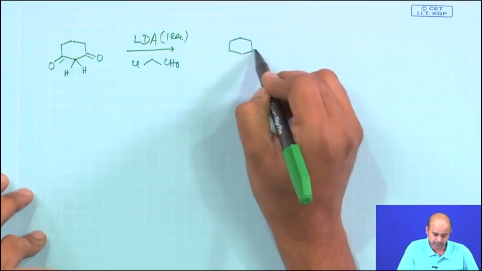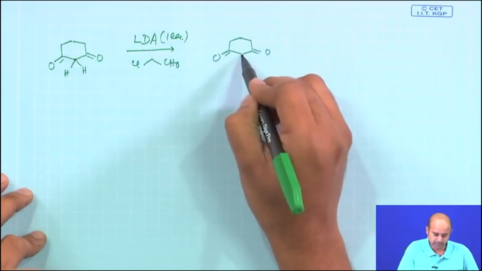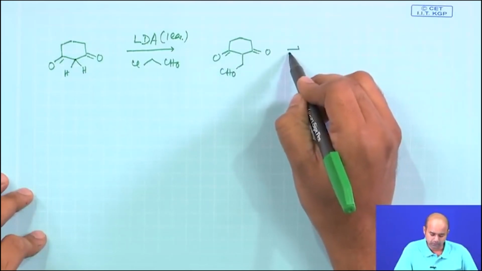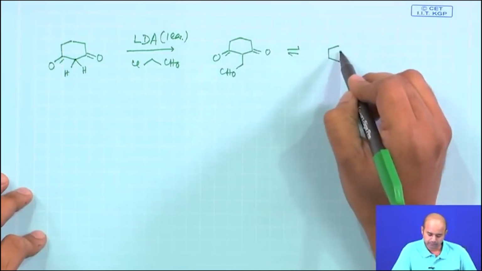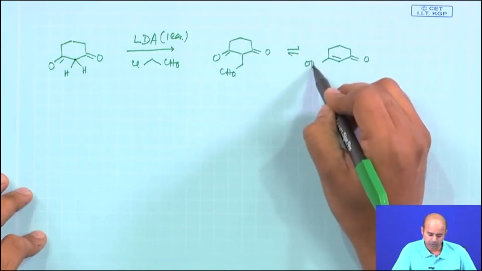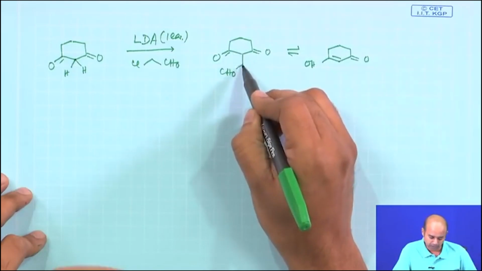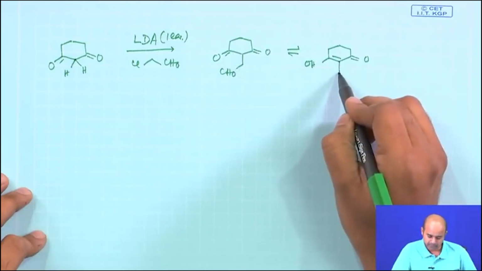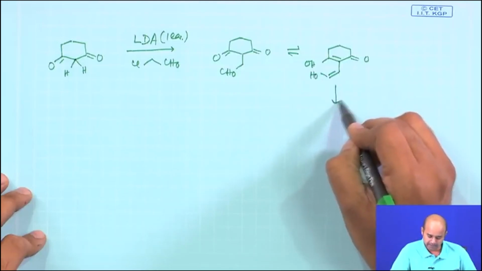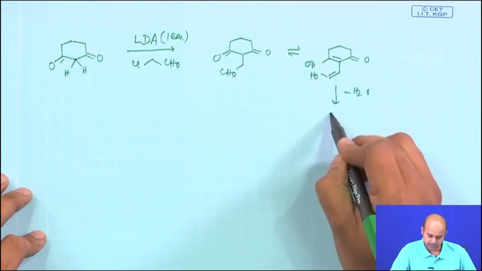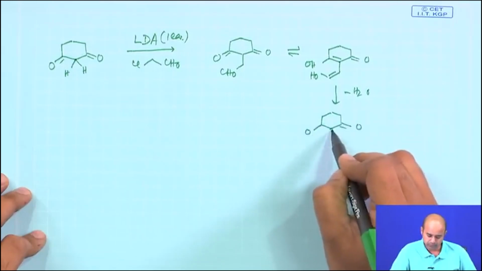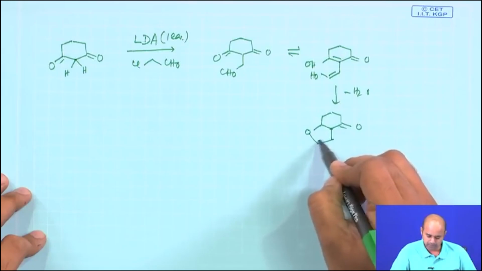You will get the corresponding alkylated product, and then it enolizes, as well as the aldehyde enolizing, and then a simple dehydration reaction will give you the furan core, the furan part in this molecule.